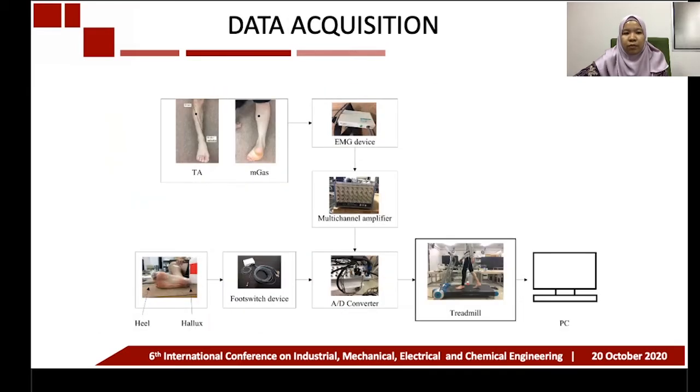In order to classify the gait event, foot switch data had been used as a reference. The EMG signals were recorded on two muscles. Afterwards, an analog digital converter was connected to EMG and foot switch devices to collect the data.